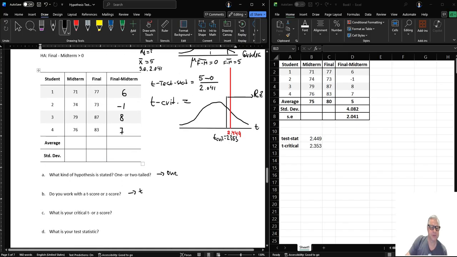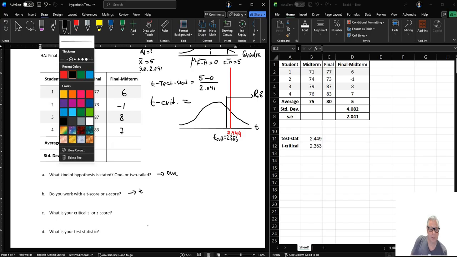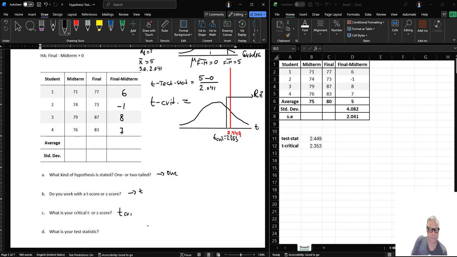And what is your critical T or C score? So the critical T is equal to 2.353. And what is your test statistic? That's the 2.449.